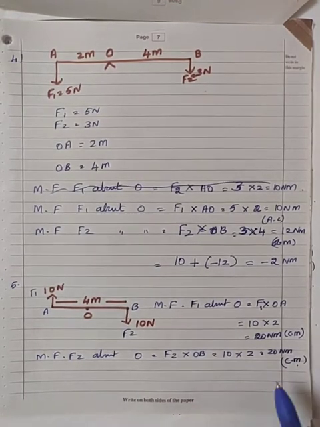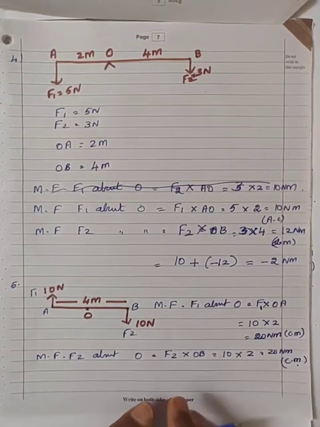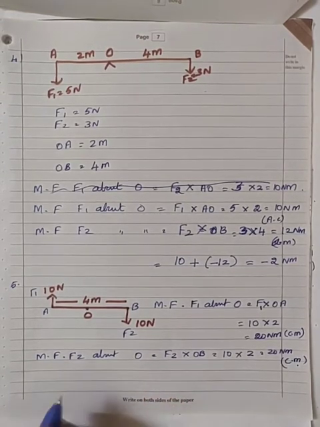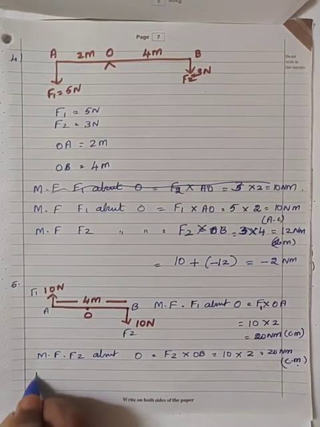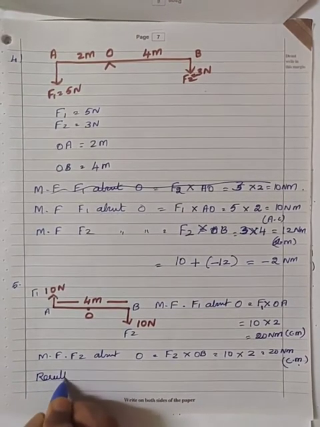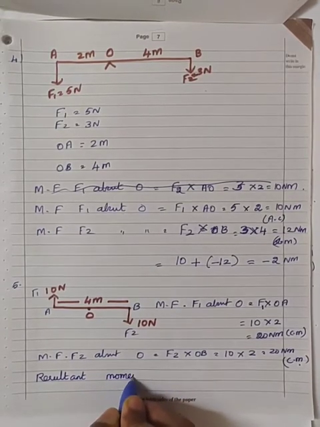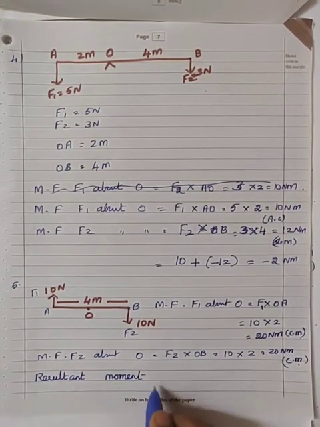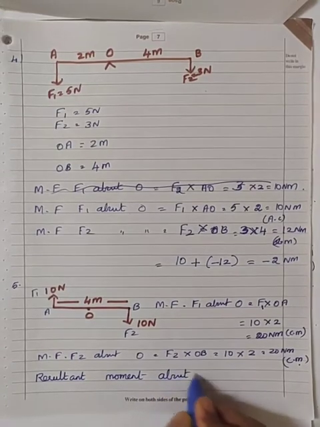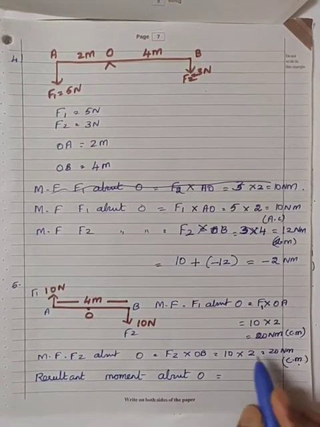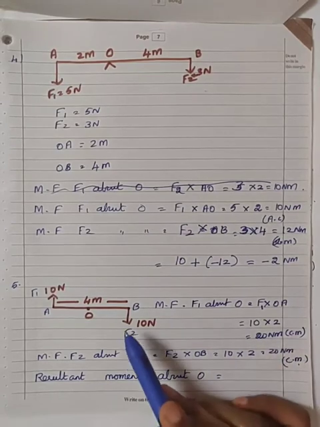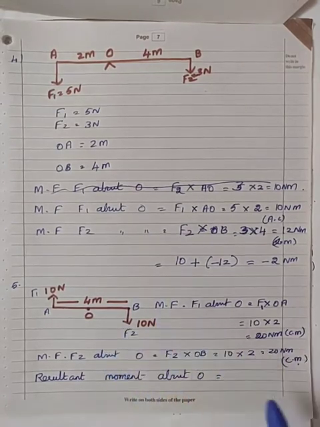So the resultant moment of force. The question asked is to determine the magnitude of the resultant moment of forces about the pivoted point O. So the resultant moment about the pivoted point O is equal to, here both the moments are in the same direction, that is in the clockwise direction.